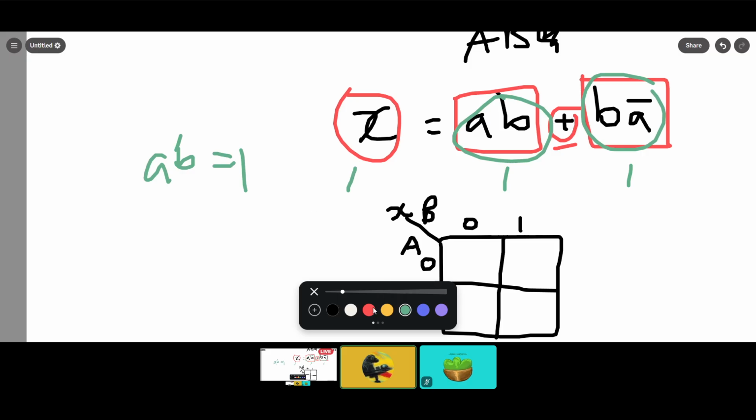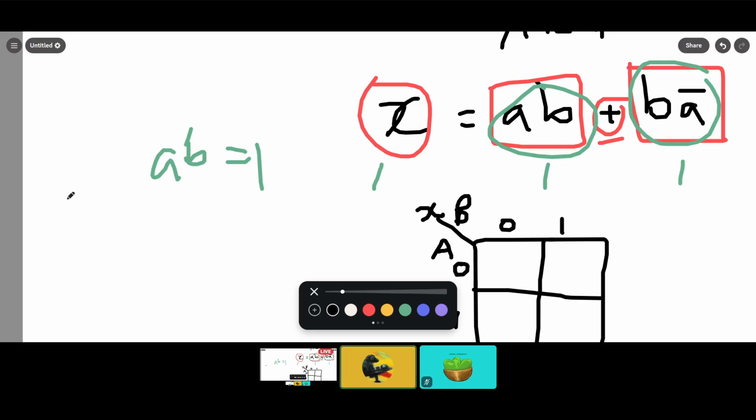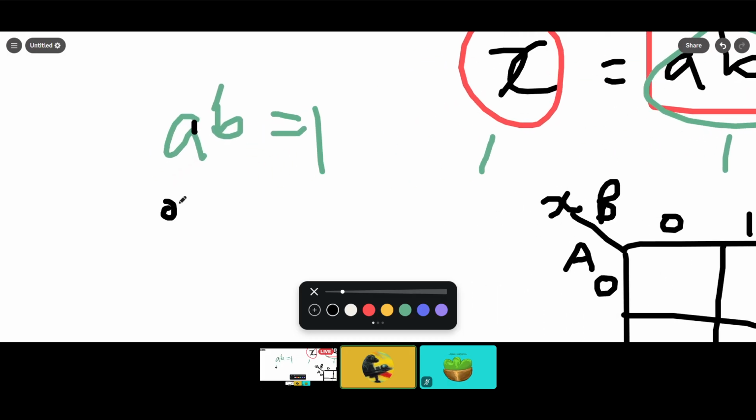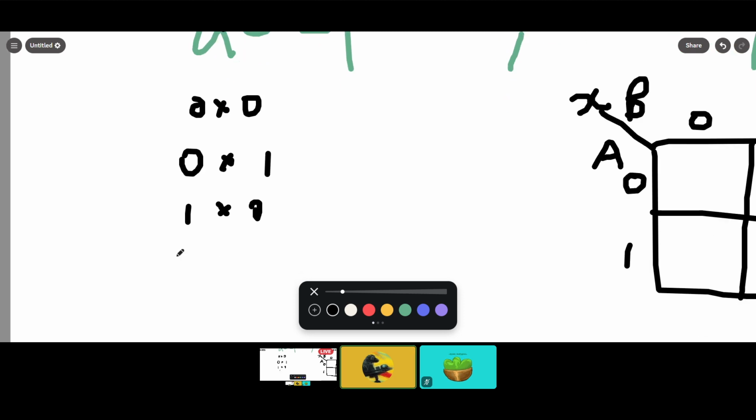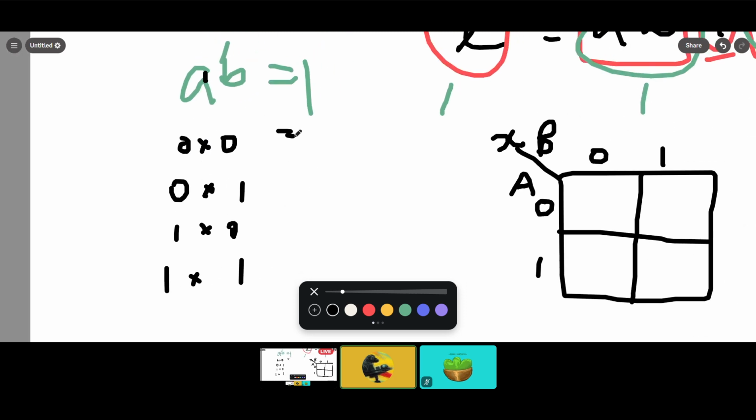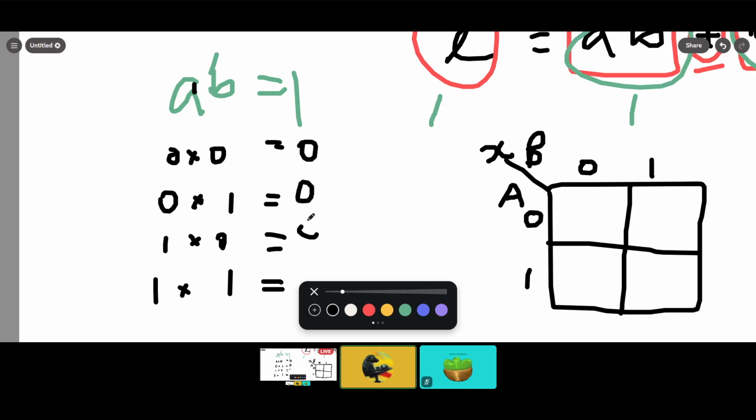A times B equals 1. We already know what A and B are. How? Okay, remember how the variable A and the variable B can only have two values, 0 and 1. So let's write out every single possible combination. 0 times 0, 0 times 1, 1 times 0, 1 times 1. Okay, so what are these values? 0, 0, 0, 1.